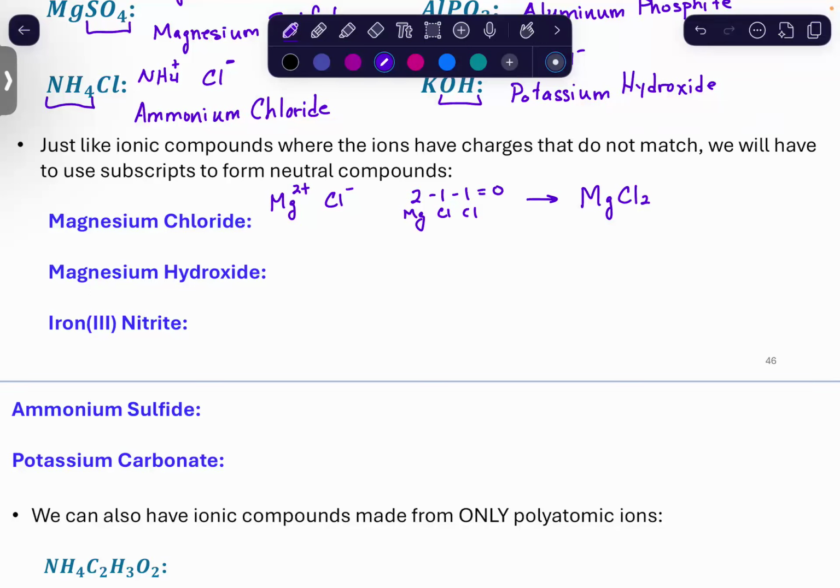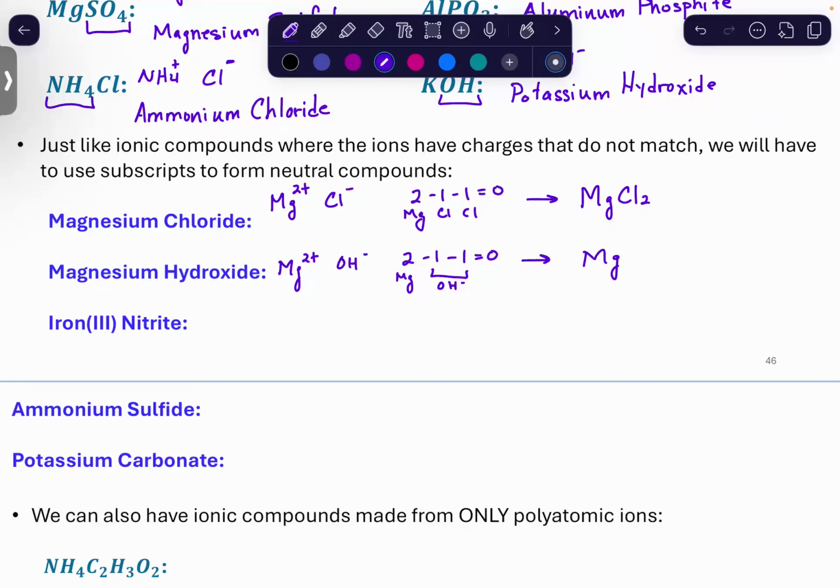But we can also do this with polyatomic ions. So let's look at magnesium hydroxide. We know magnesium is a 2+, hydroxide is a minus. So again, we're going to have to do our 2. There's 1 hydroxide, there's 2 hydroxides. These 2 here are hydroxides. Now, the way we do this is we use parentheses.